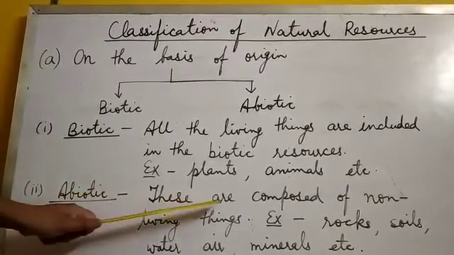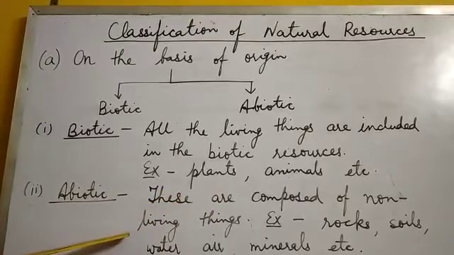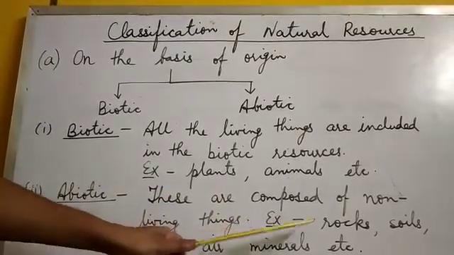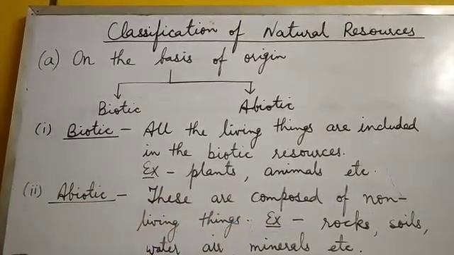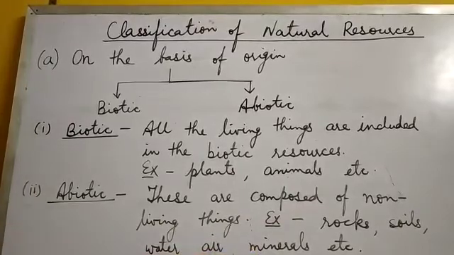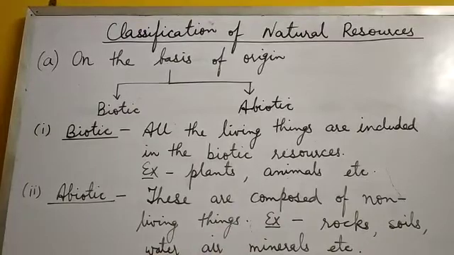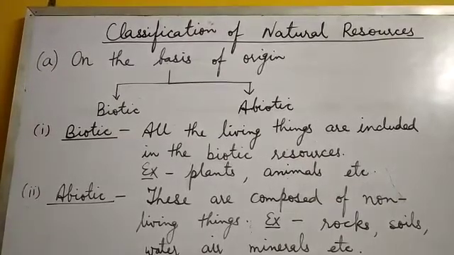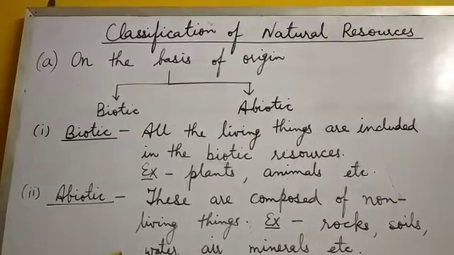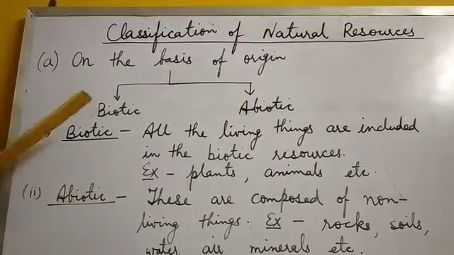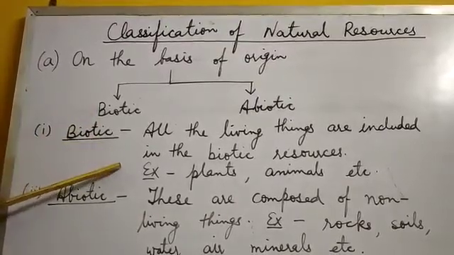These are composed of non-living things like rocks, soils, water, air, and minerals. They are also known as inorganic or non-living resources. Abiotic resources cannot be reproduced, but biotic resources can be reproduced.